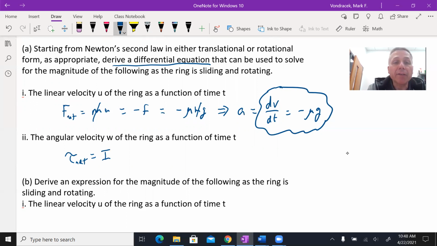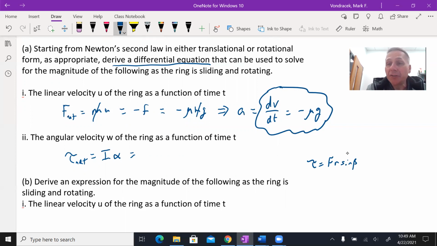And then we have the angular acceleration. Now keep in mind, torque in general we define as a force times a distance, from the axis of rotation to where the force is applied, times the sine of some angle.